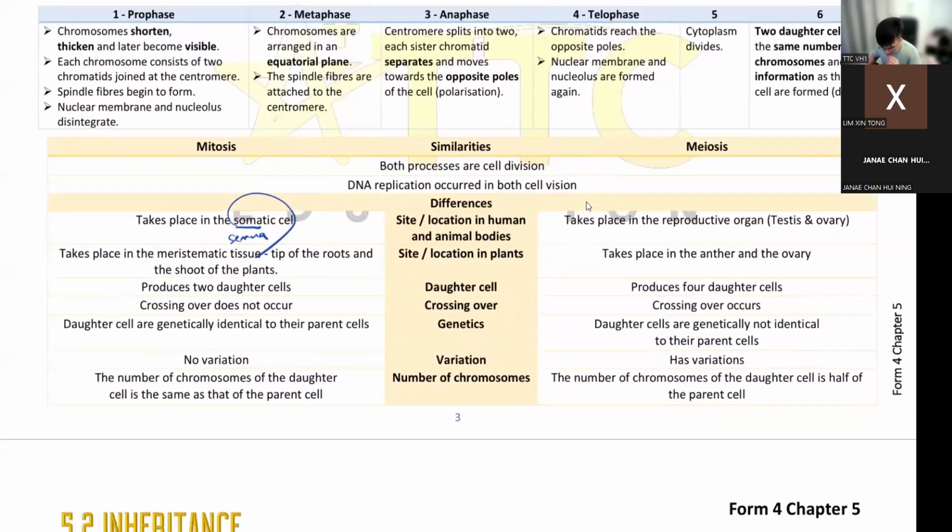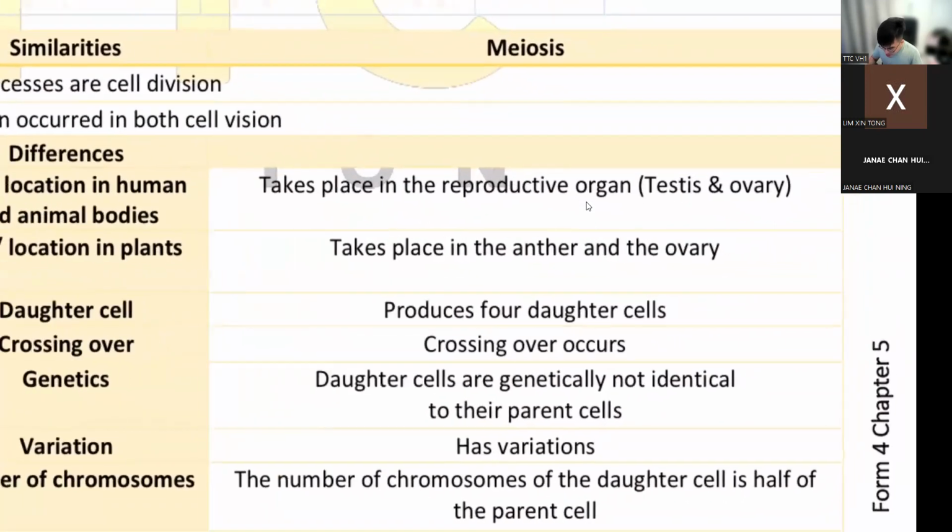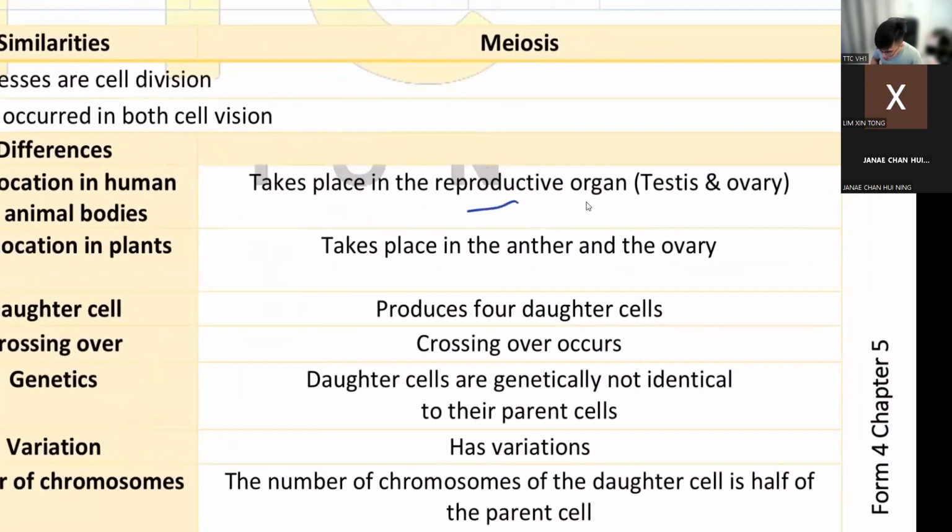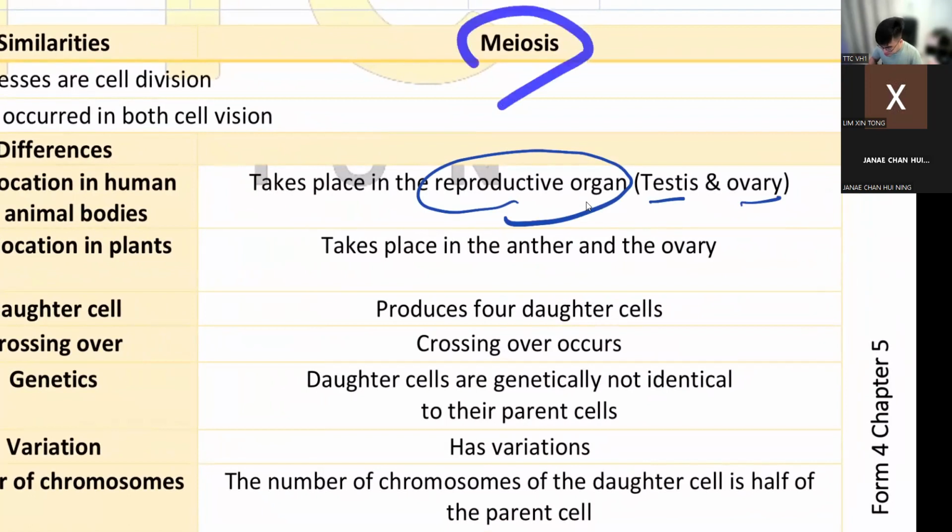And then meiosis takes place in reproductive cells, that means your testes and ovary, your sperm and ovum. Only your sperm and ovum.